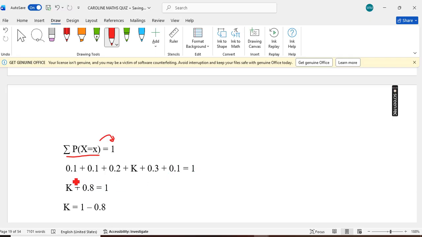You add 0.1 plus 0.1, 0.2, plus 0.2, 0.4, plus 0.3, 0.7, plus 0.1, 0.8. So our equation drops down to k plus 0.8 equals 1.